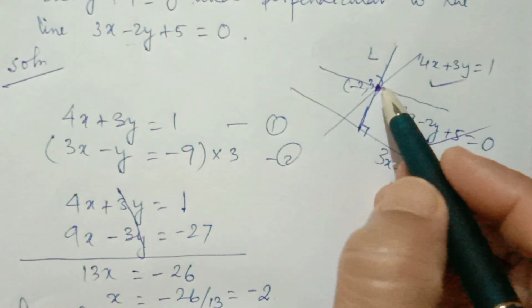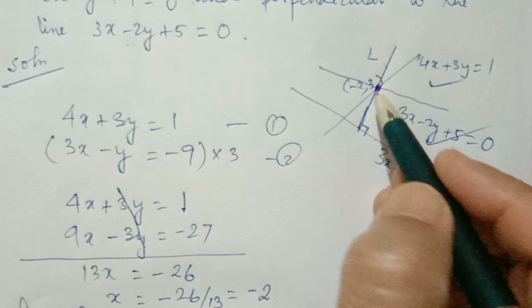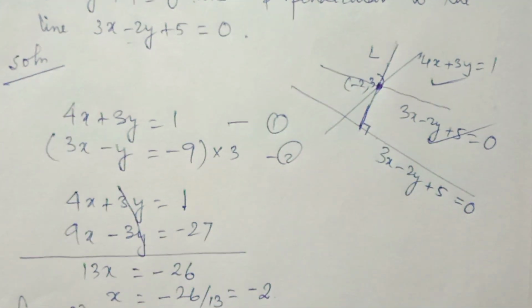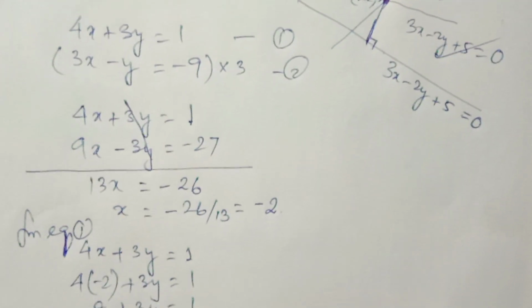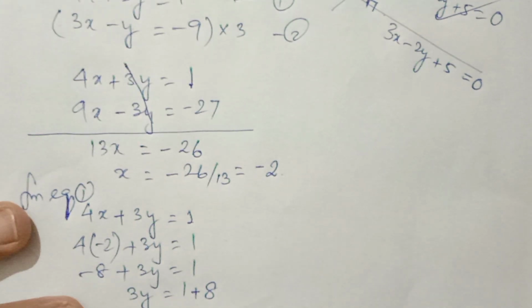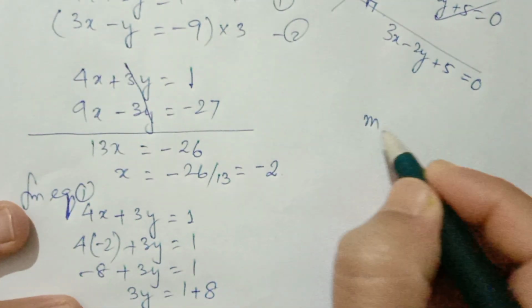Now this line is perpendicular to this. Whenever you get parallel or perpendicular, you use the slope concept: when two lines are parallel, then slopes are equal.